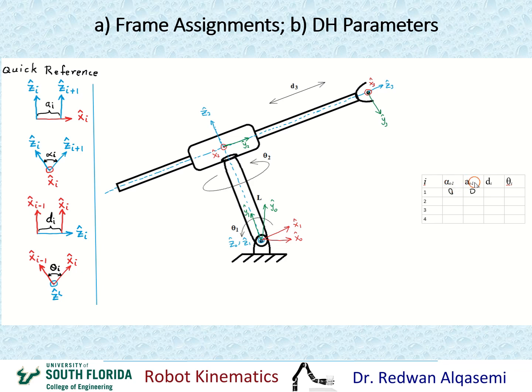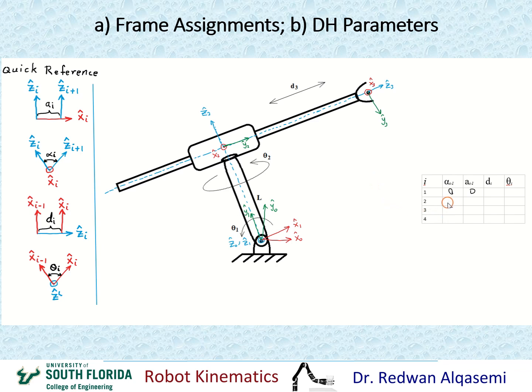So we're looking at alpha 1 and a1. For alpha 1, I'm looking at z1 and z2 about x1. So this is x1, this is z1 coming out of the board, and z2 is up this way. So according to the right-hand rule, if you put the thumb at x1 and the rest of your fingers coming out of the board towards z1, and then go towards z2, that gives me negative 90 degrees.